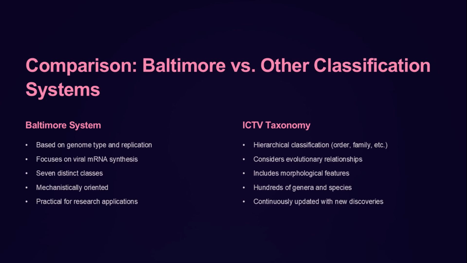The ICTV taxonomy includes hundreds of genera and species, and is continuously updated as new viruses are discovered. Both systems provide complementary ways to understand and categorize viruses, with the Baltimore system being more focused on the biology, and the ICTV taxonomy being more comprehensive from an evolutionary perspective.